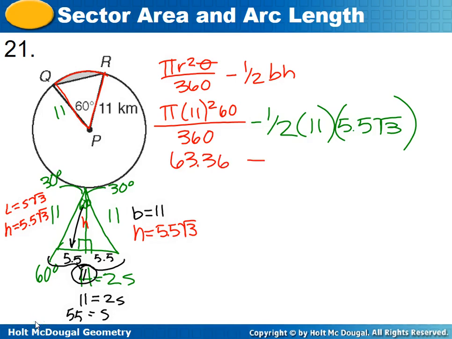And then when I multiplied 1/2 times 11 times 5.5 times the square root of 3, I got 0.39. So my ultimate answer here was 10.97. And on the key it said 10.96, but when I did this I got 10.97. And again, this is going to be kilometers squared. Okay?